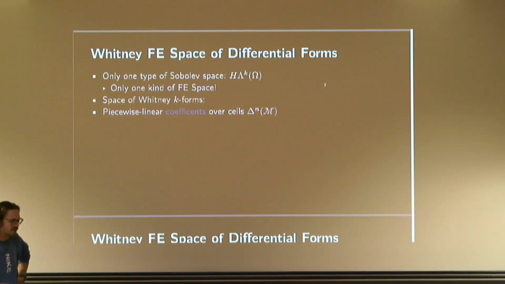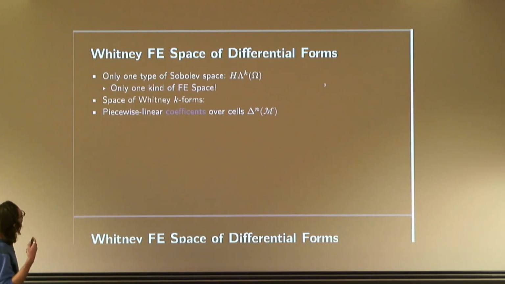Now, since we only have one Sobolev space, we only need one kind of finite element space, which is some finite element space of differential forms, which we call the Whitney K-forms, and these are the differential K-forms which have piecewise linear coefficients. This is similar to our piecewise linear Lagrangian space, where we had these hat functions.